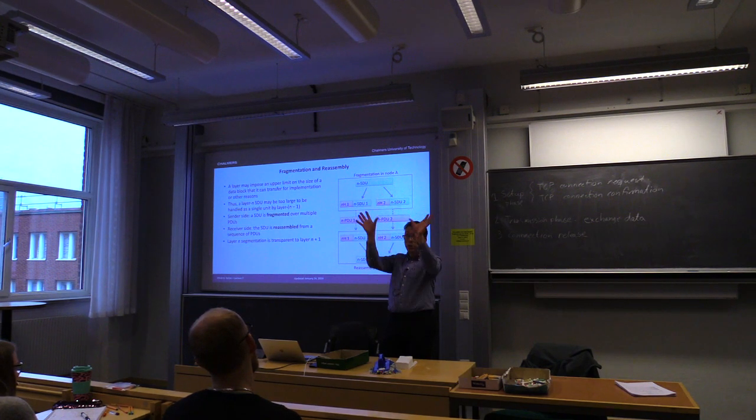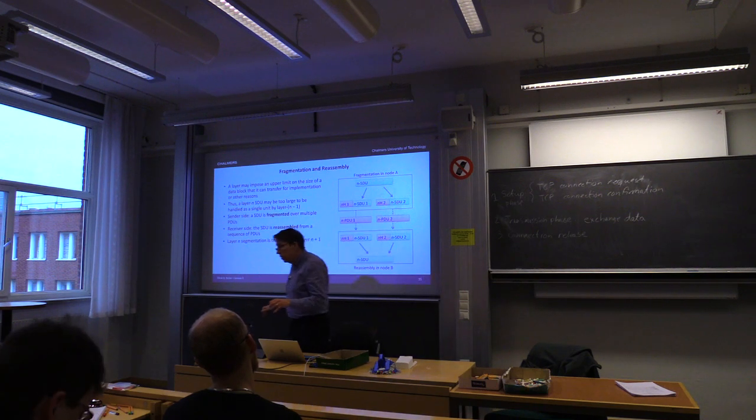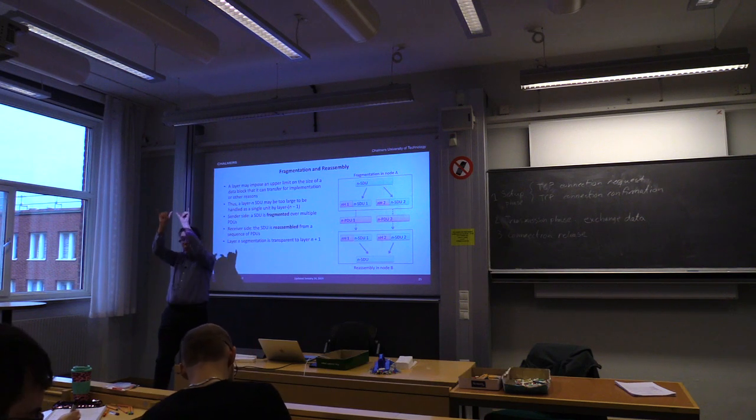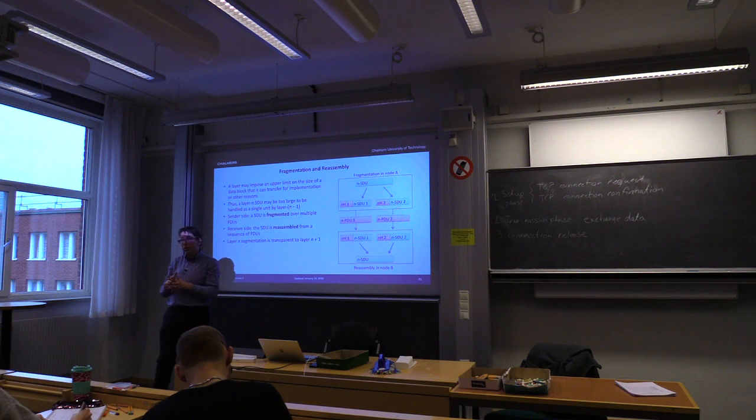Basically, what I need to do is take these 1,000 bytes, divide them into two parts, and send them separately. This is called fragmentation. On the receiving end, I get these two fragments, and I glue them together before I push them up to the layer above me. This is called defragmentation.